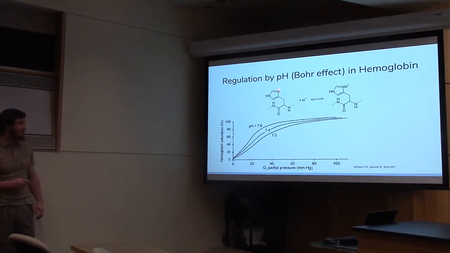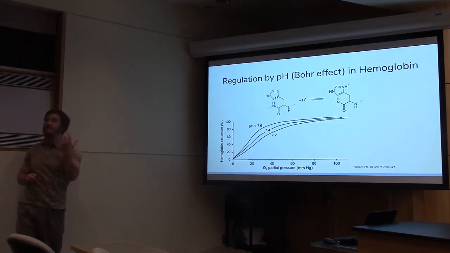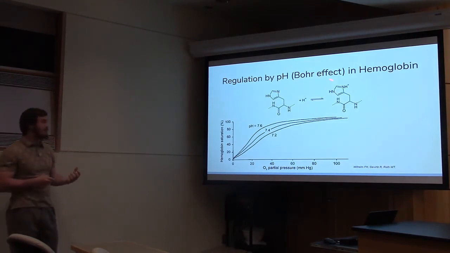What this does is, when it gets acidic enough, it creates an environment where a proton that was once not on a certain part of a histidine in the hemoglobin is now there.